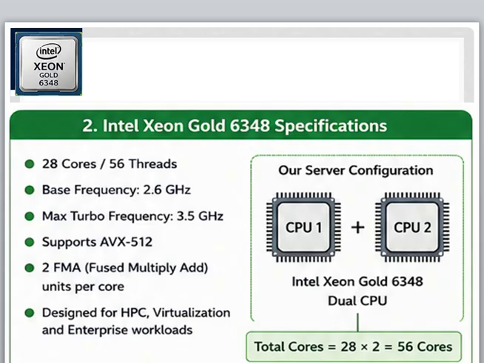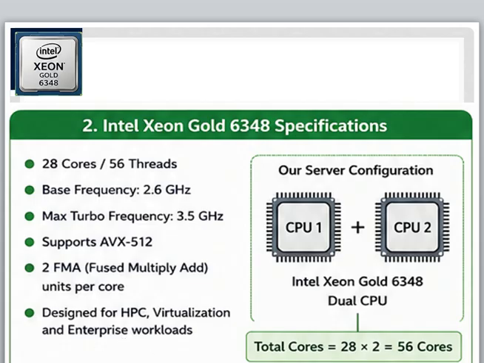So today, let's discuss the Intel Xeon Gold 6348 specification. We have taken this as an example. Intel Xeon Gold is a 28 core processor with 56 threads and a base frequency of 2.6 gigahertz. It supports AVX 512, with 2 FMA (fused multiply add) units per core, designed for HPC (high performance computing), virtualization and enterprise workloads.